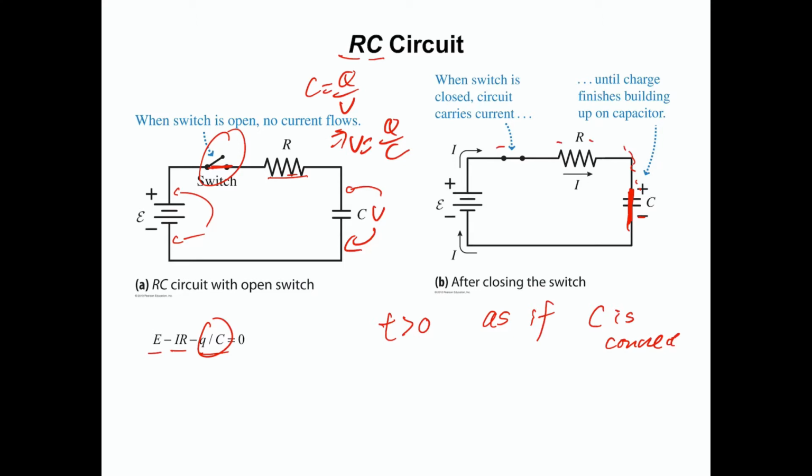So the initial current will be just like a simple resistor, V over R. But this current won't last forever. It will drop. Why? The more electrons you have here, the more they repel other electrons coming through.